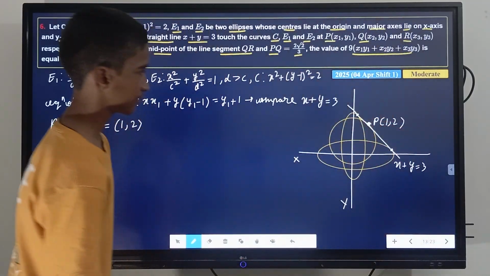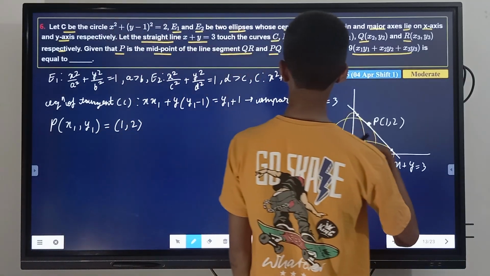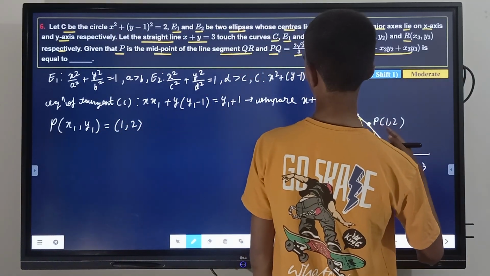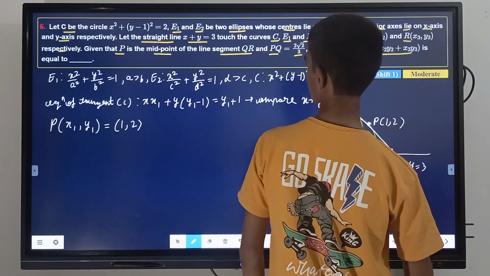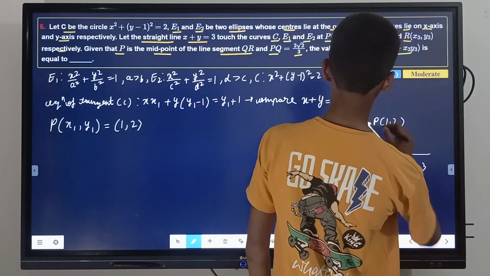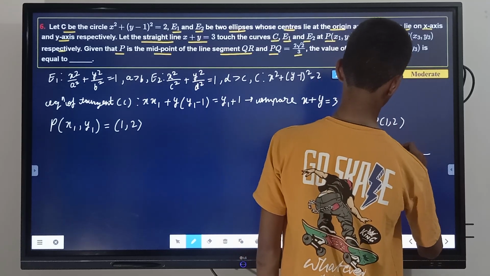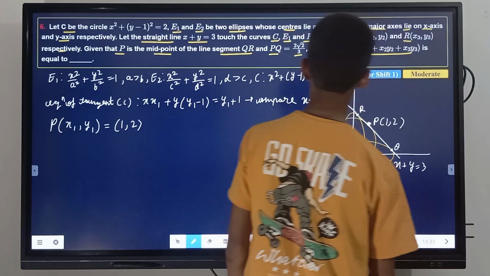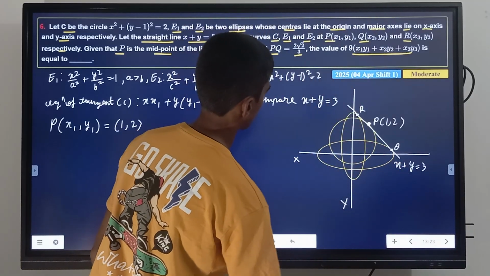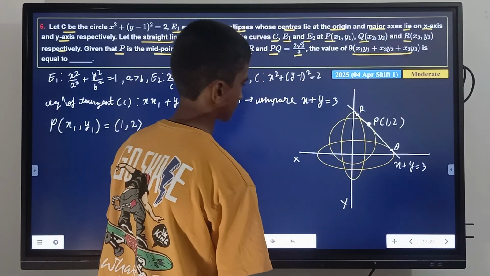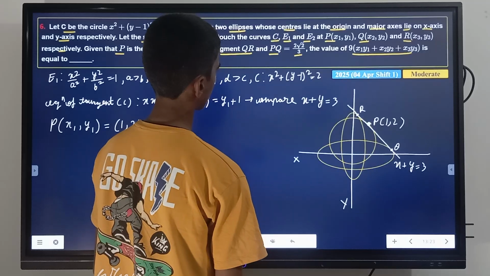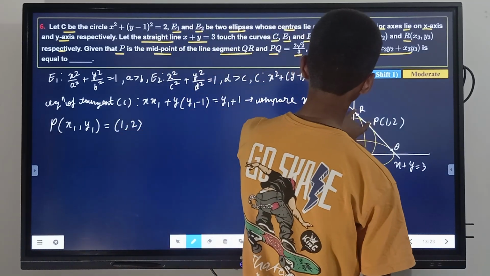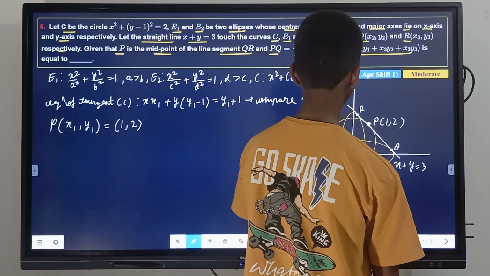Now P is the midpoint of the line segment QR. Here we have P, Q and R. Now P is midpoint and PQ and PR are the same, which is 2 root 2 by 3.